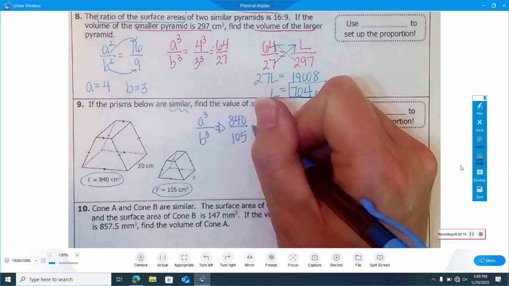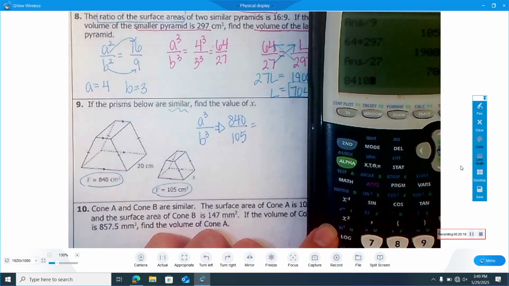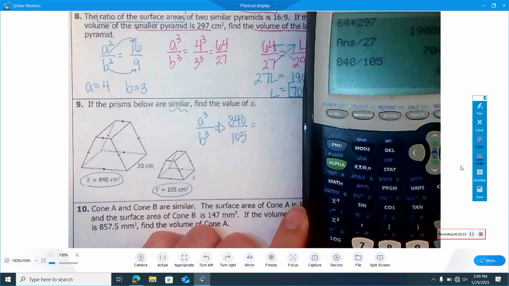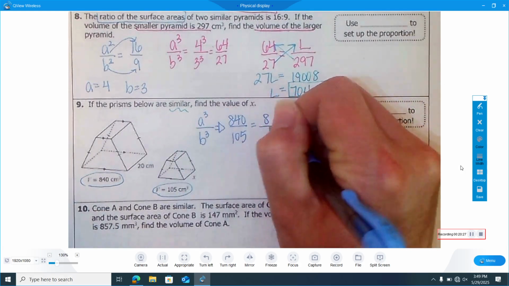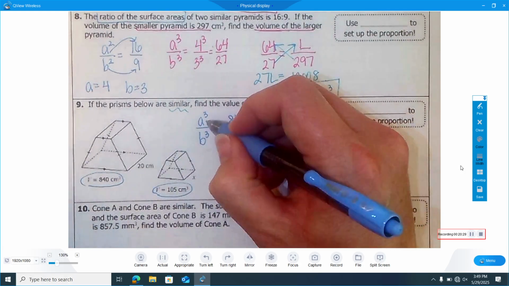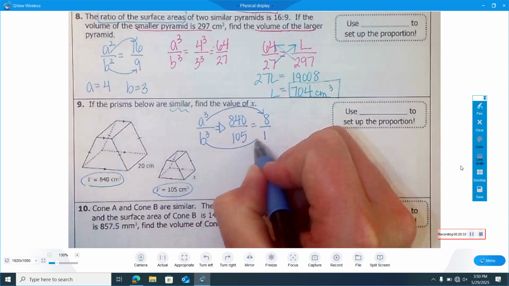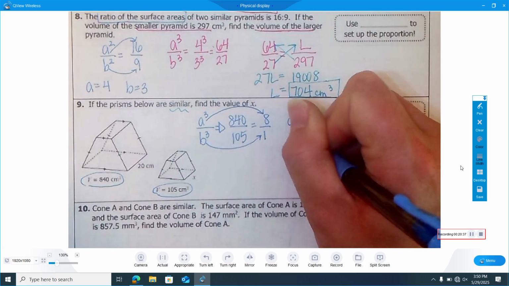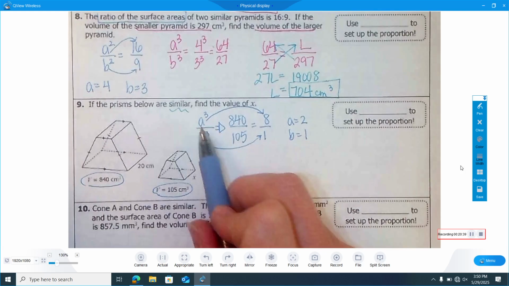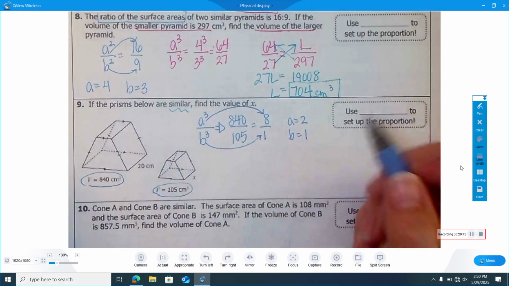I'm going to reduce that. 840 divided by 105 is 8. Oh, that cleaned up really well. So we get 8 over 1. And so this is telling me that some number cubed is 8 and some number cubed is 1. That must mean that A equals 2 and B must equal 1. 2 cubed gives you 8 and 1 cubed gives you 1.